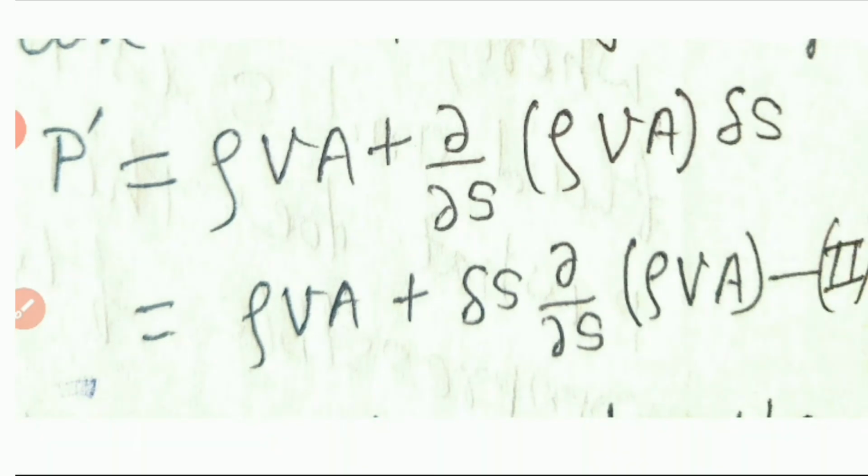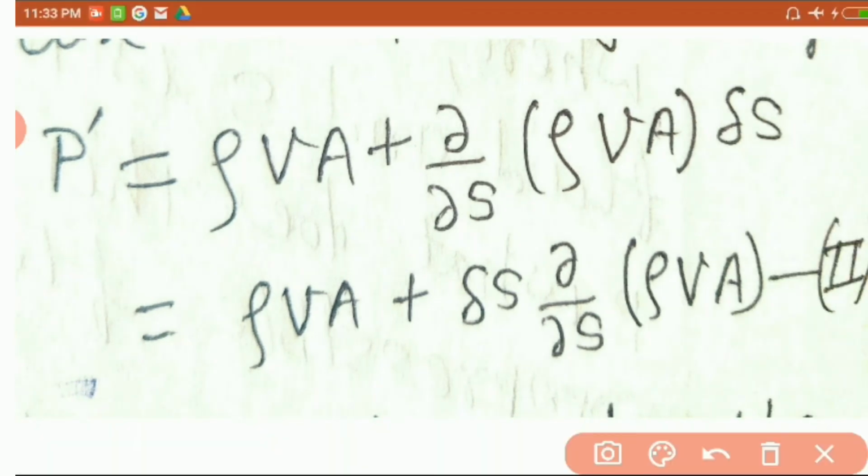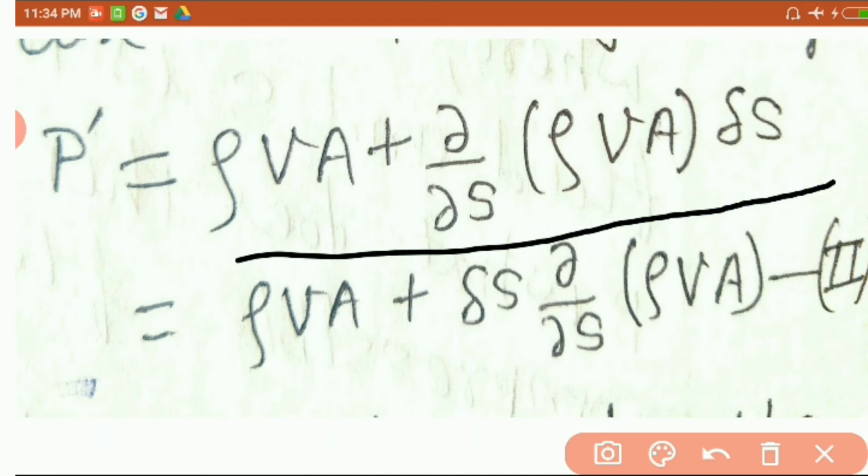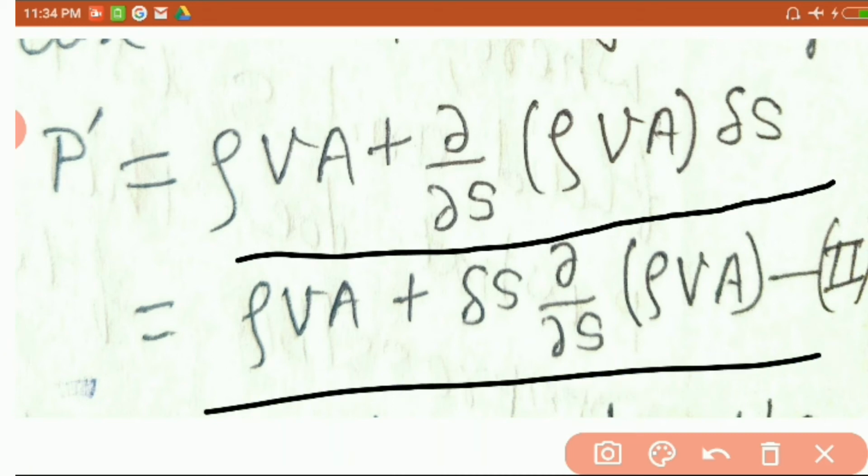So the rate of mass flux over the neighboring section A dash through P dash is equal to rho va plus dou by dou s of rho va into delta s, which can be written in this way. At point P dash, the rate of mass flux over the neighboring section A dash is rho va plus delta s into dou by dou s of rho va.